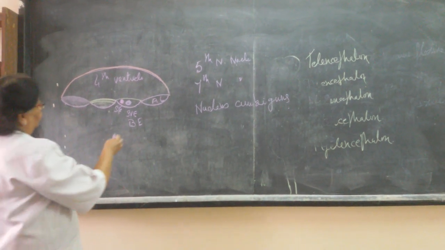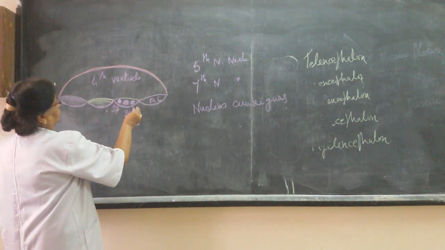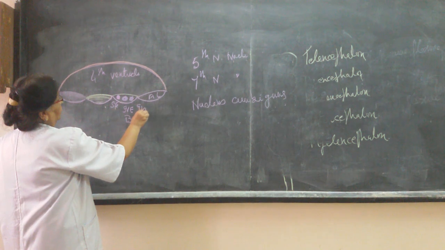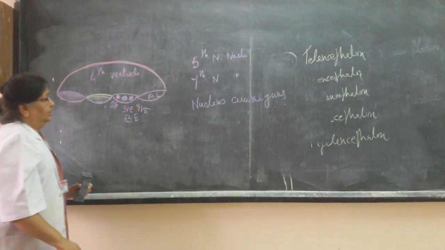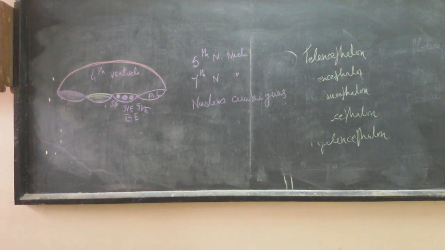The third group is known as general visceral efferent. General visceral efferent gives out parasympathetic fibers.